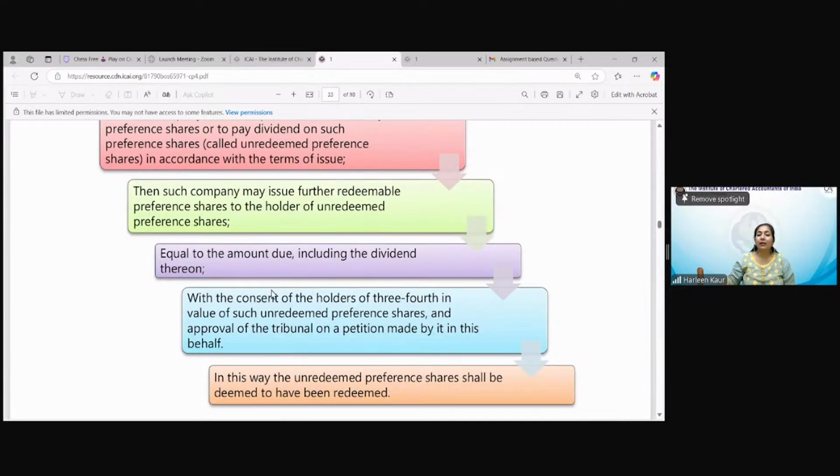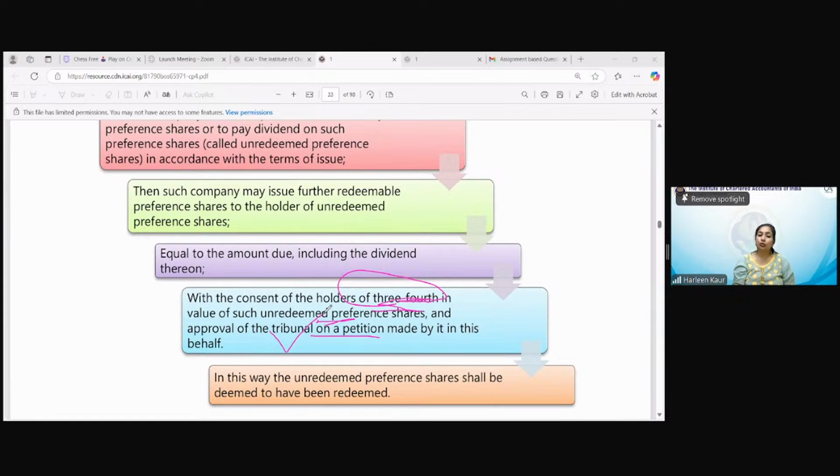So how many people will make it? 3/4 of the value of these shareholders who have not been redeemed will file a petition with the tribunal. Why do we always go to the tribunal? Because under the Companies Act, we always go to the National Company Law Tribunal for all our problems.